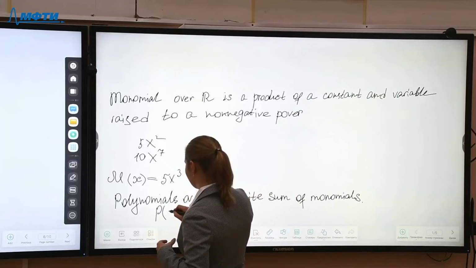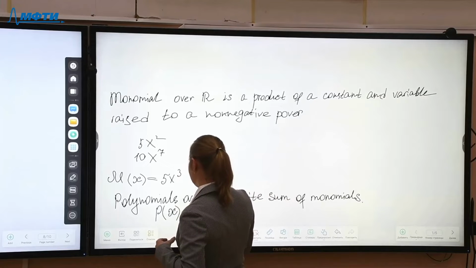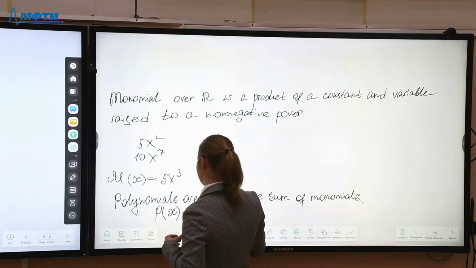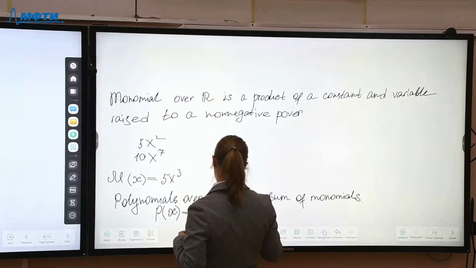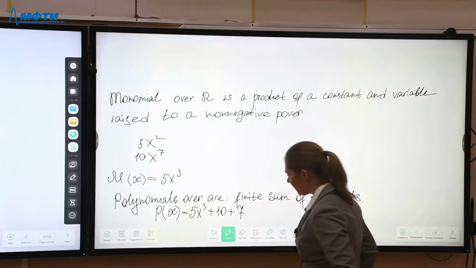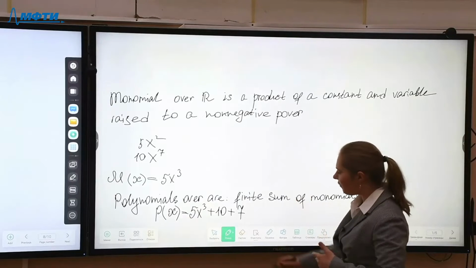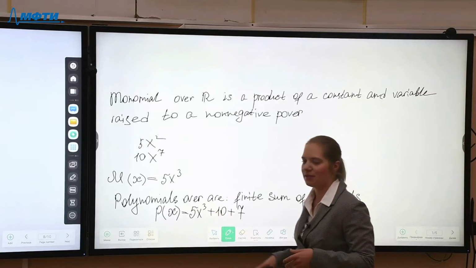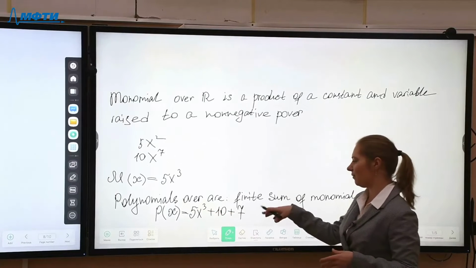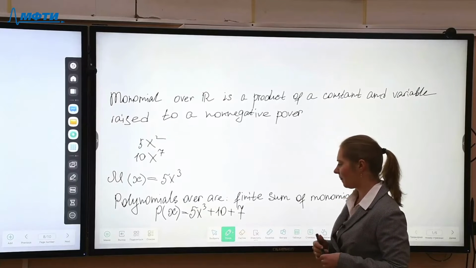For example, t of x is 5x cubed plus 10x plus 7. Well, the degree of this polynomial is 3 because we take the maximal degree of all monomials. So now it is 3.